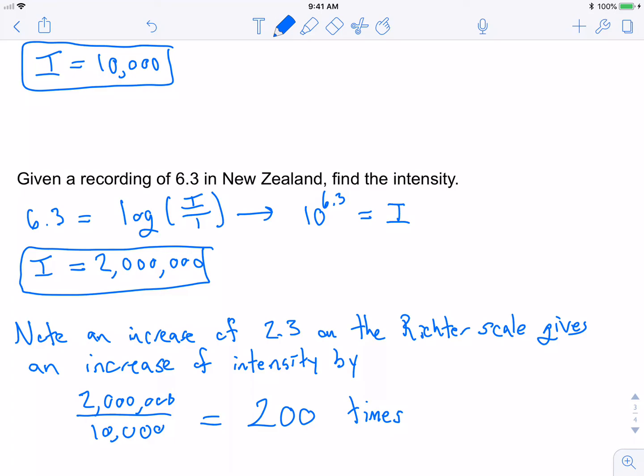So if you see an earthquake of 6.3, that's 200 times more intense than an earthquake of Richter scale 4. So these grow very, very quickly.